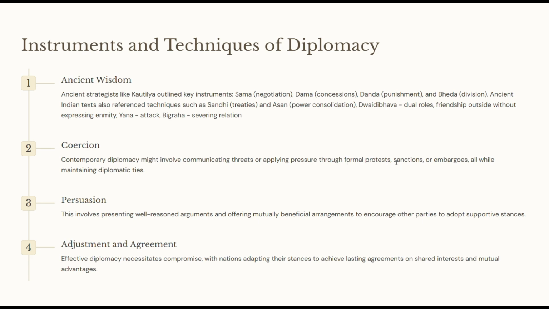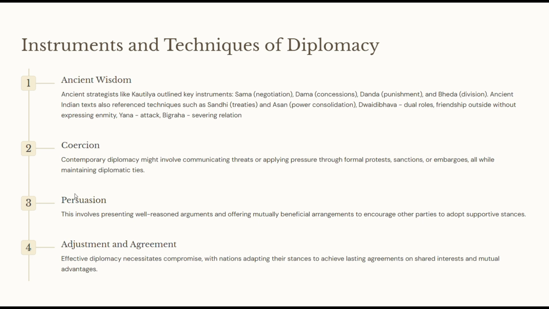And there are economic sanctions and embargoes, all while maintaining the diplomatic ties without breaking them. These are instruments where a state could communicate threats or apply pressure to its counterpart.